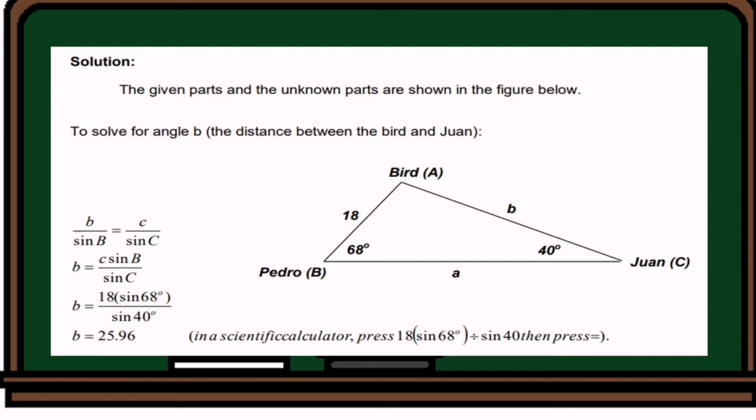We substitute the given data into the equation. So, substitute the value of side C and the values of angles B and C. And after substituting, solve, and you will get B is equal to 25.96.